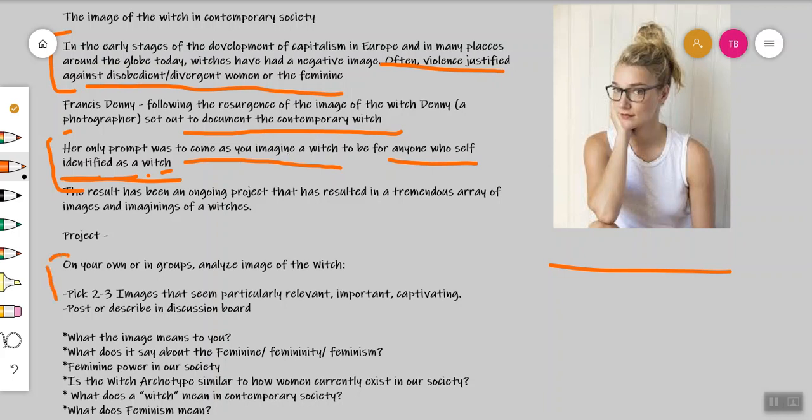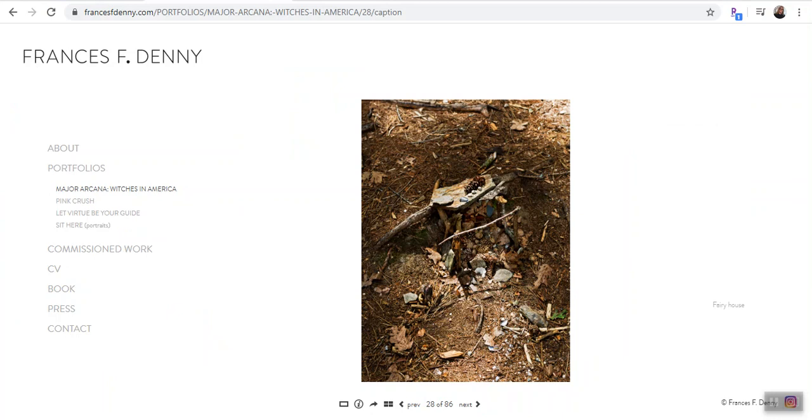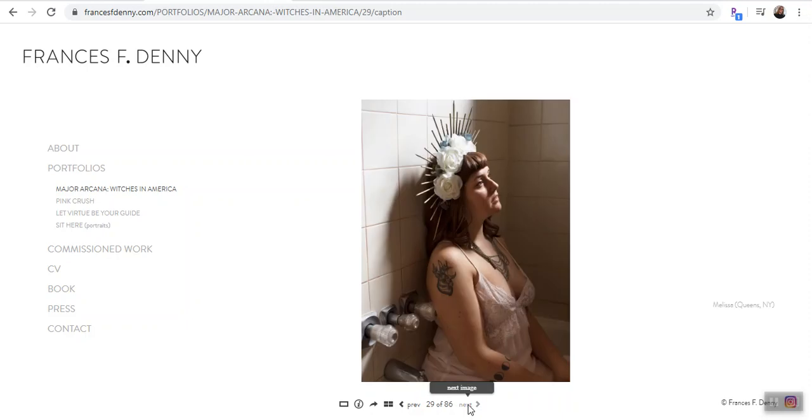But this can be done on your own, or if you have people you've been working with or connected to, feel free to connect with them and do this however you can, whether through social media or Canvas or email. Just pick two or three images that seem particularly relevant to you, captivating to you, and post or describe them in the discussion board. I think a lot of these have numbers on them. So this, for instance, is number 28 of 86, if you wanted to do that.